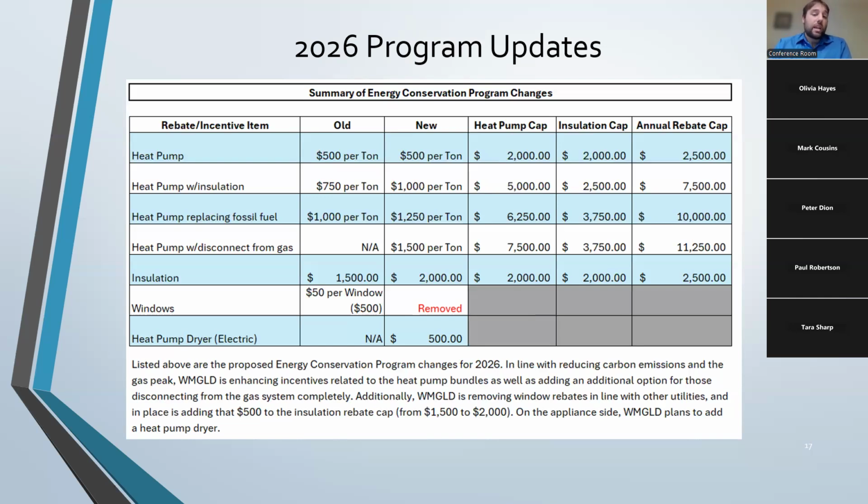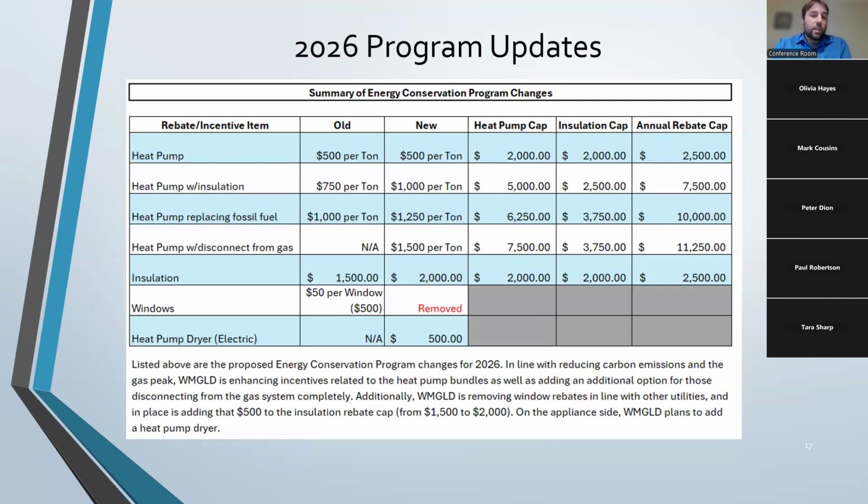Depending on the size of your system, you could get up to $7,500 towards that. For heat pump replacing fossil fuel, that's getting bumped up from 1,000 per ton to 1,250, with the caps increasing as well, and the total cap in the last column increases up to 10,000. The heat pump disconnect from gas is even a little bit of a step up from there, with some increases on that line as well.